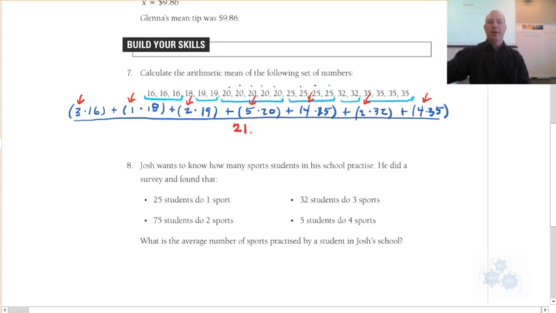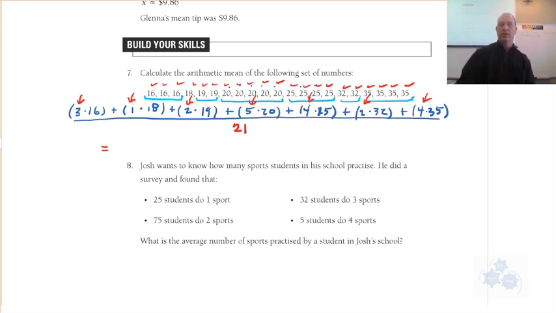So we'll divide by 21. Is that correct? Let's see. 1, 2, 3, up to 21. Okay. So we'll add those numbers up, and you can get some practice on your calculator, and I'll show you the answer in a second. Make sure you can get that correct on your calculator, then we'll talk about number 8 next.